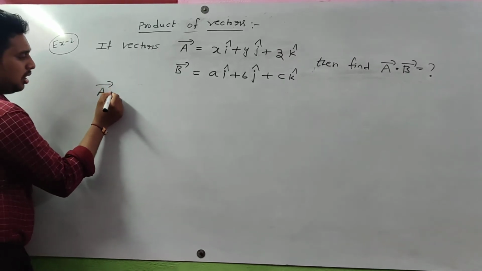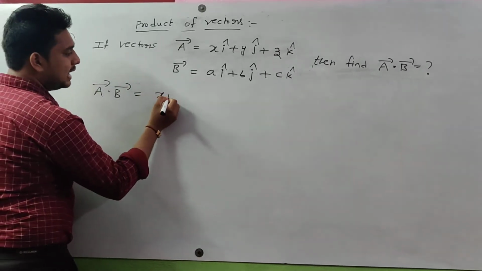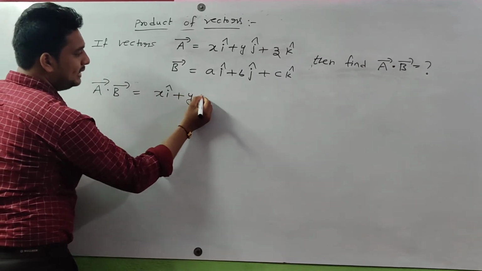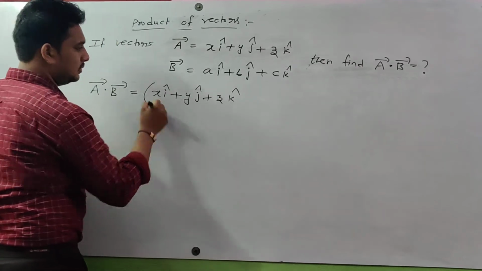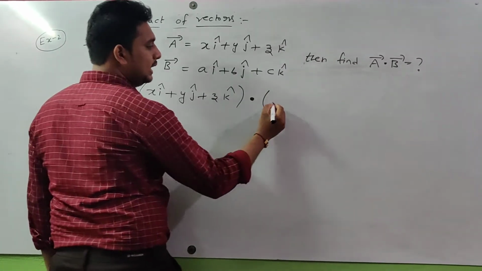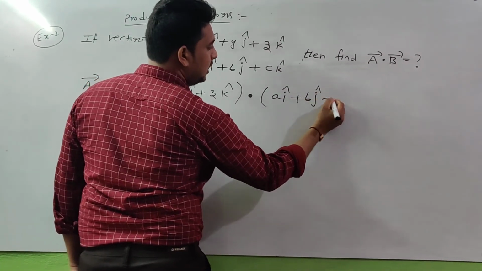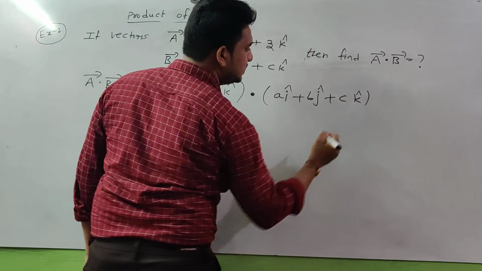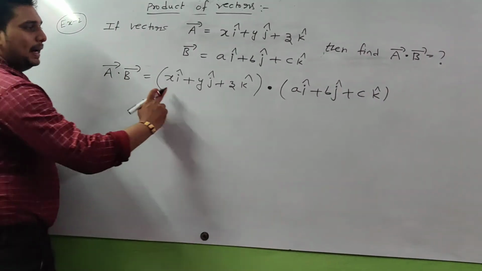a bar dot b bar is equal to x i cap plus y j cap plus z k cap, dot a i cap plus b j cap plus c k cap. So here multiply these two.